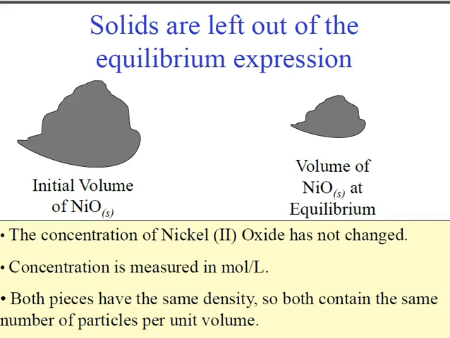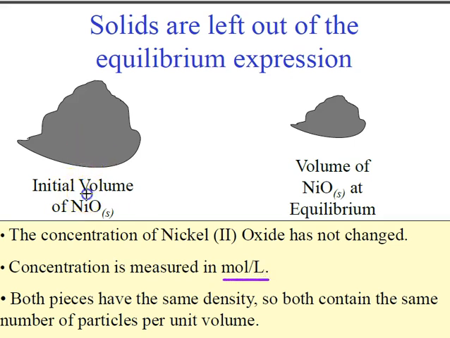Okay, why is that? Let's think about a reaction. Here we have a piece of nickel oxide originally as a reactant, and then as the reaction moves forward to the products, some of that nickel oxide is being used. So its volume is going down. However, if you think about its concentration, the concentration is measured in moles per liter.